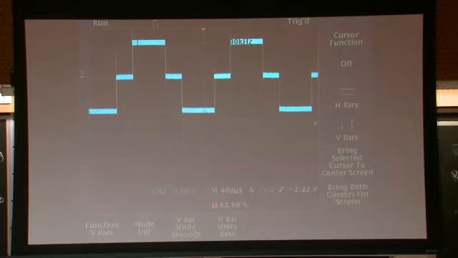The second highest spike happens at 2.9 kilohertz, which is very close to the fifth harmonic. That means we do not have any third harmonic. So we eliminated the third harmonic from the circuit.